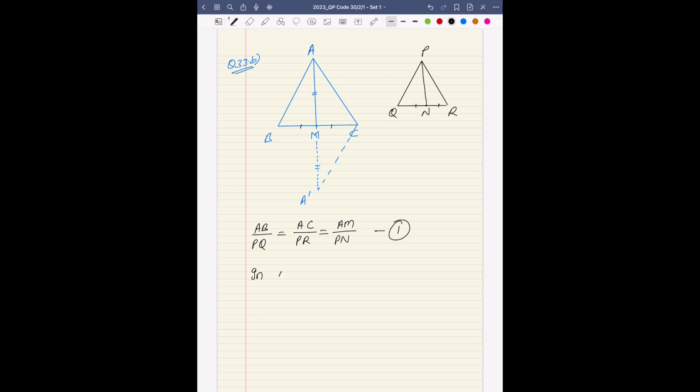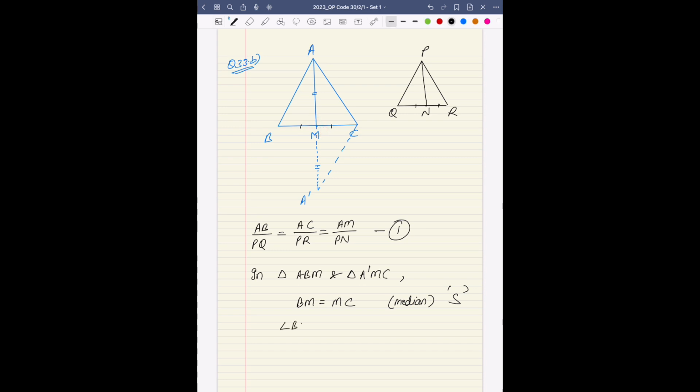So in triangle ABM and triangle A dash MC, what's happening? BM is equal to MC, correct? Why? Because of the median. So this is our S. Remember, this is our S. Now we'll talk about the included angle. These are vertically opposite angles, right?